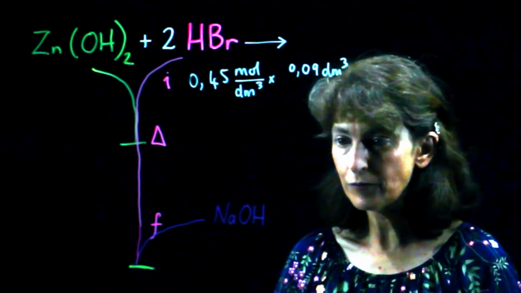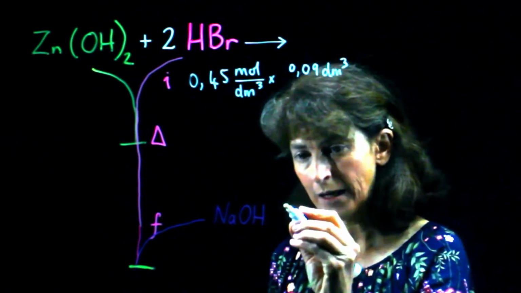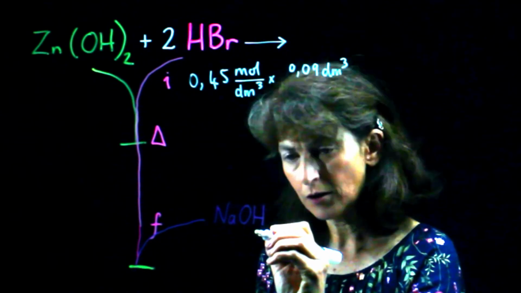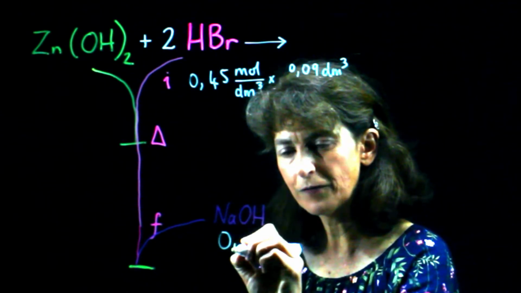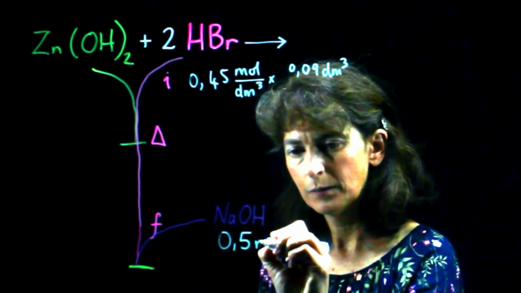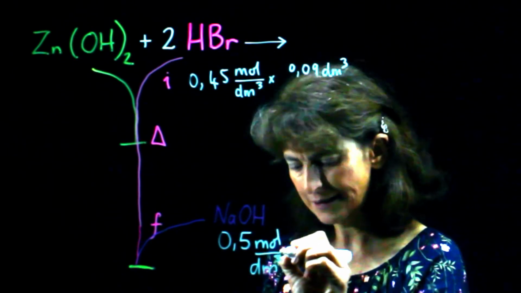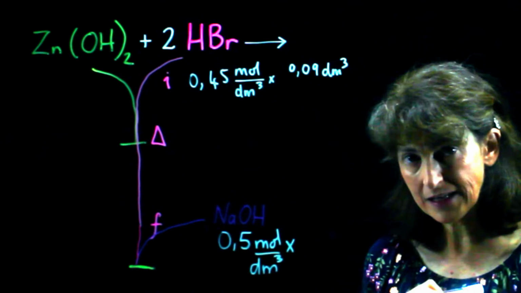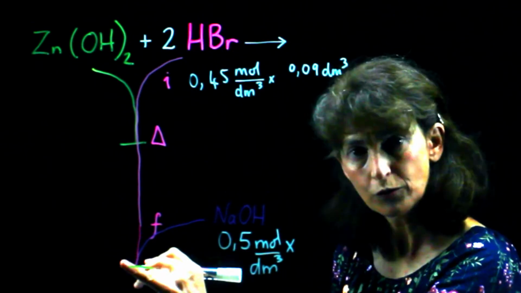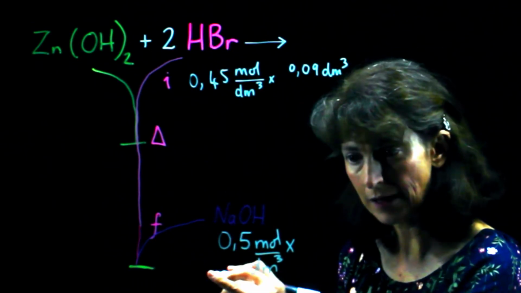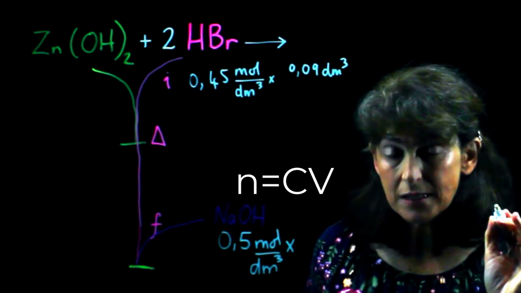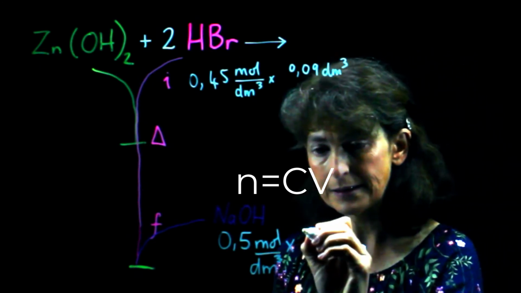So let's put that information in. We're told that the concentration is 0.5 molar, mole per decimeter cubed, and it takes 16.5 centimeter cubed to reach neutralization there. Let's convert that immediately into decimeter cubed.